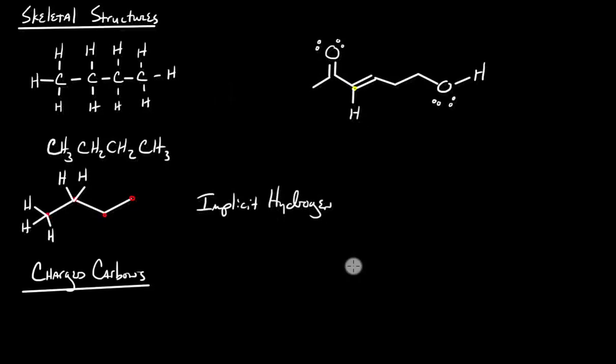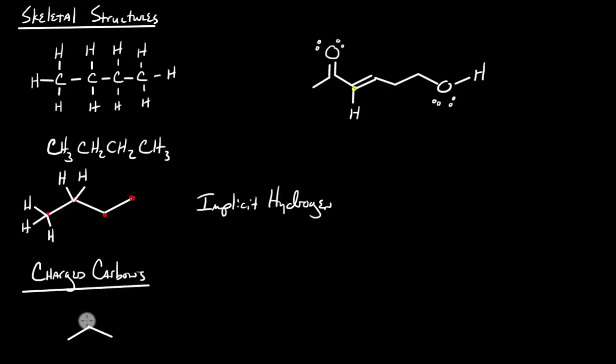The last thing to keep in mind whenever you're drawing skeletal structures is that for carbon, since we have this implicit hydrogen idea, we have certain rules for whenever carbon becomes charged. So let's say that we have a carbon with a positive charge, so like so.